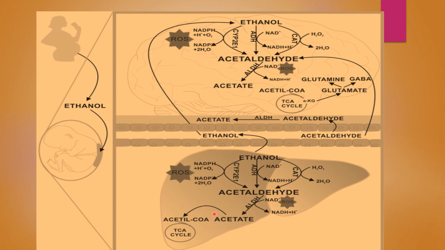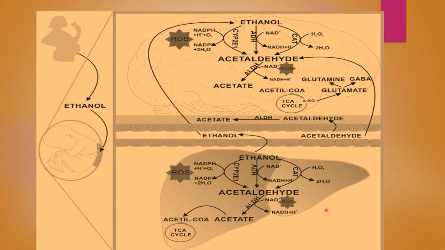Further, this acetate is converted to acetyl coenzyme A, which can participate in the TCA cycle. So overall, the consequence of ethanol metabolism is an abnormal ratio of NAD to NADH. There is huge production of NADH with a lack of NAD.